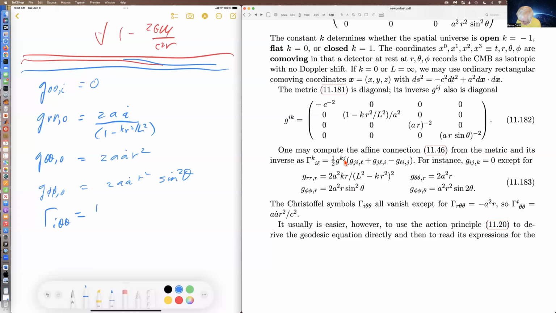So it would be 1/2, comma, G, so I've got I and L both equal to theta. Well, unfortunately, I've used I for two different things here.